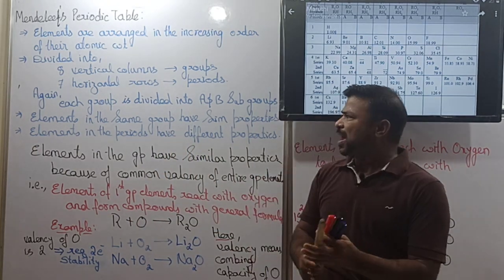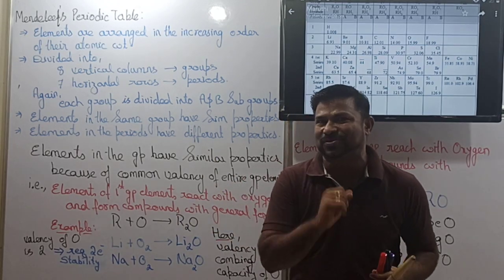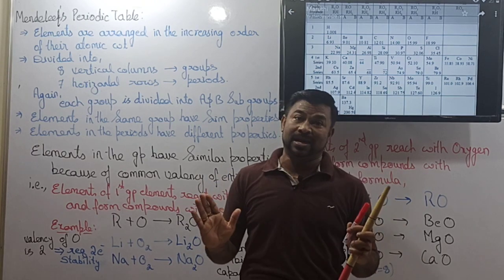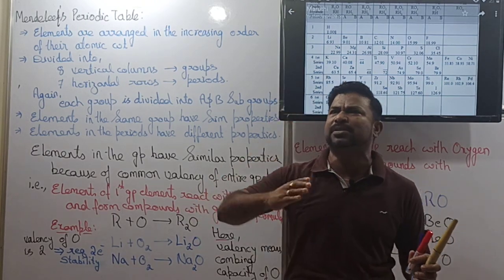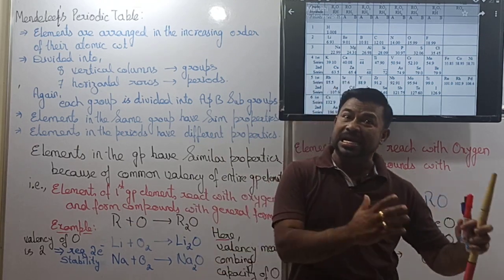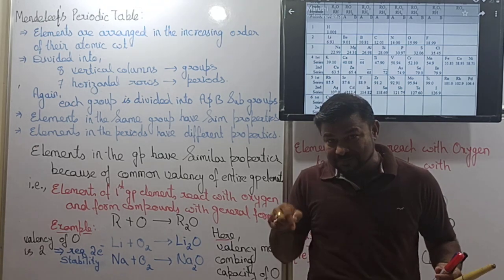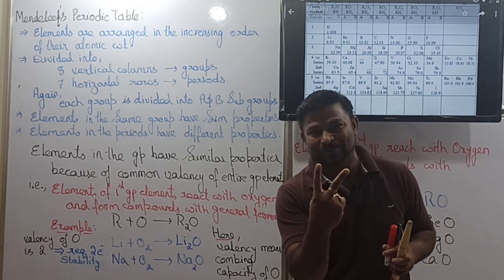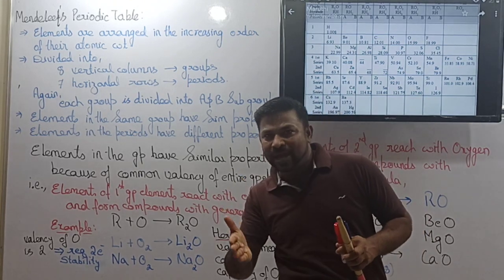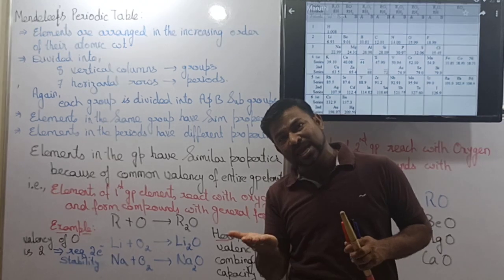Now, let's come back to one more important feature of the elements in the groups. This is the peculiar thing no one else has done, not the later Modern table, nor the earlier Newlands or Dobereiner. No one, but he himself has divided every group into 2 subgroups, subgroup A and subgroup B, meaning the first group has 1A and 1B.